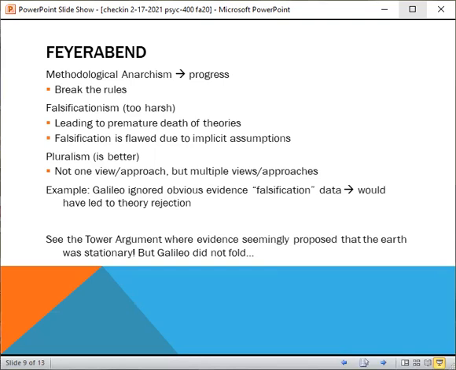And what this is that we can use many approaches, okay? Not one view or approach, but multiple views and approaches to do science. So he would be fine with the idea of using a variety of different types of research methodologies and approaches, even if they're somewhat unique, to get the job done.